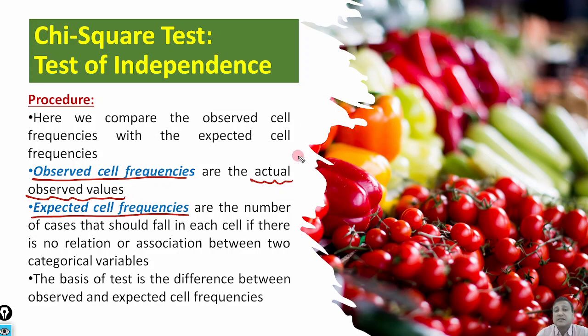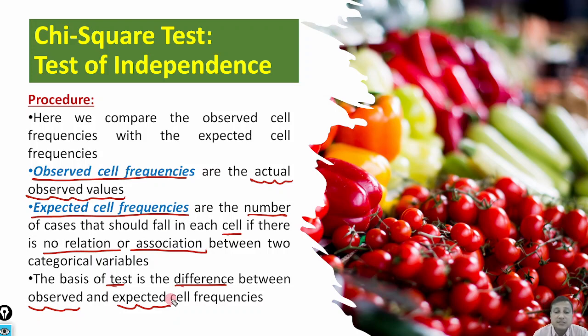And what are the expected cell frequencies? They are the number of cases that should fall in each cell if there is no relation or association between the two categorical variables. What does this mean? We'll try to understand with the example. So the basis of this chi-square test is the difference between observed and expected cell frequencies.